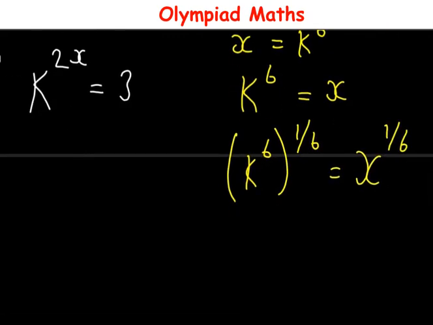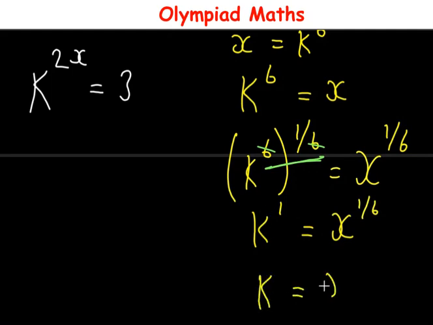With this, power 6 will multiply 1 over 6, so 6 will cancel 6, we have power 1. From here, we have k raised to power 1 is equal to x raised to power 1 over 6. K raised to power 1 is k, which equals x raised to power 1 over 6. Now, we've gotten the value of k.